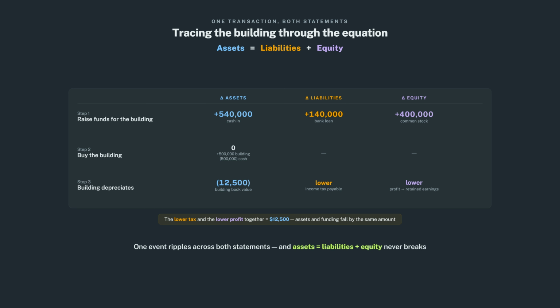The depreciation lowered our assets by $12,500, and that was offset by a combination of lower equity through reduced profit on the income statement and lower taxes owed. So you don't need to memorize that split or stay hung up on that exact example. The point I want you to take away is bigger. A single event, the building wearing down, simultaneously reduced an asset on the balance sheet, reduced profit on the income statement, and through that, reduced equity and liabilities.